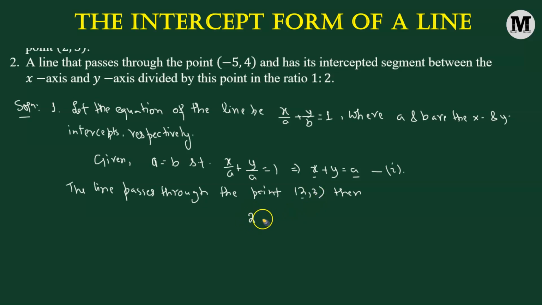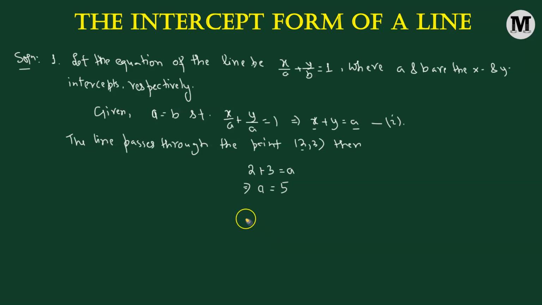So we have 2 plus 3 equals a. Solving for a, we get a equals 5. Hence the required equation of the line is x plus y equals 5.